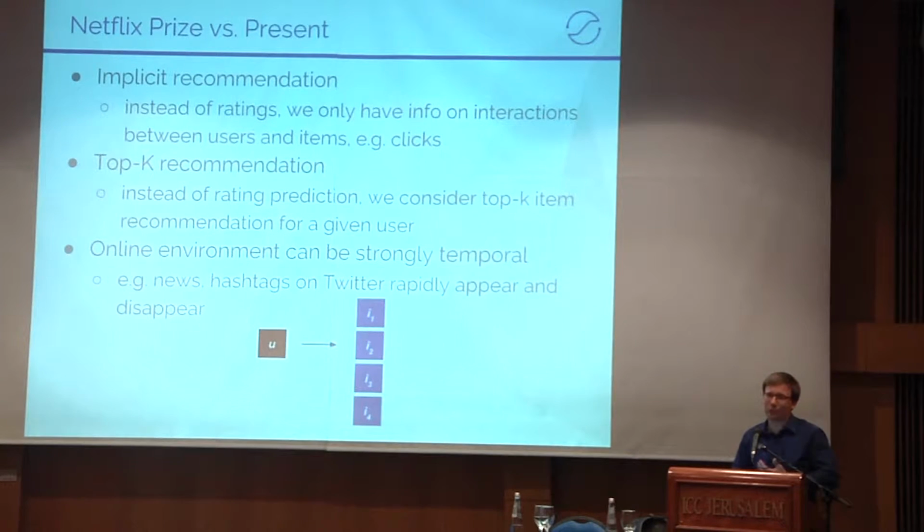Instead of ratings, generally we have only information on interactions between users and items in a given system. Second, recommender tasks are generally top-K recommendation tasks these days. You can also check this on the figure: for a given user, you have to recommend a top list of items.